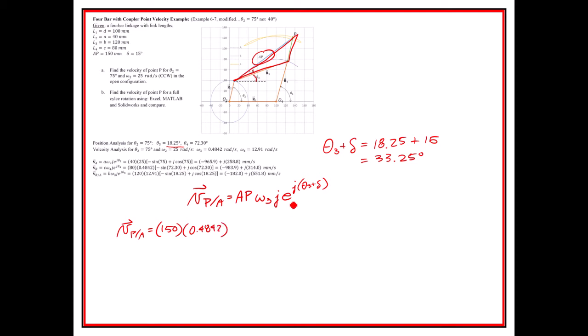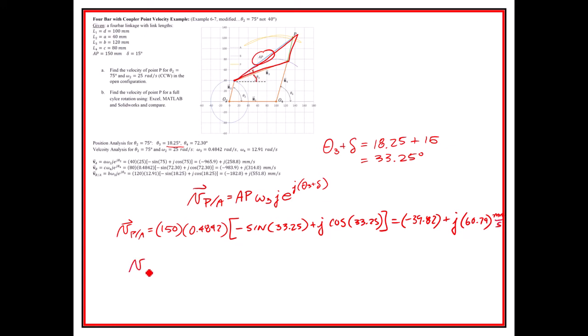I replaced the e to the j stuff by the Euler identity, cosine of 33.25 plus j times the sine of 33.25, and that ends up equaling negative 39.82 plus j 60.74. These are millimeters per second.